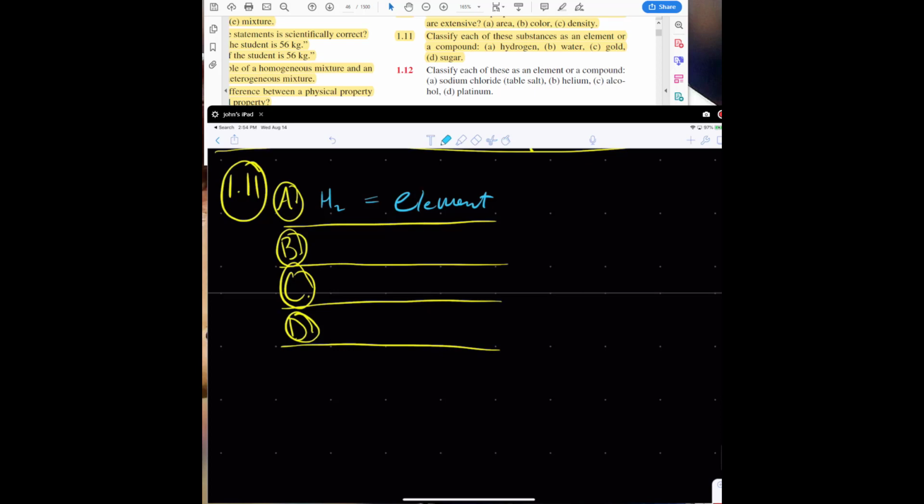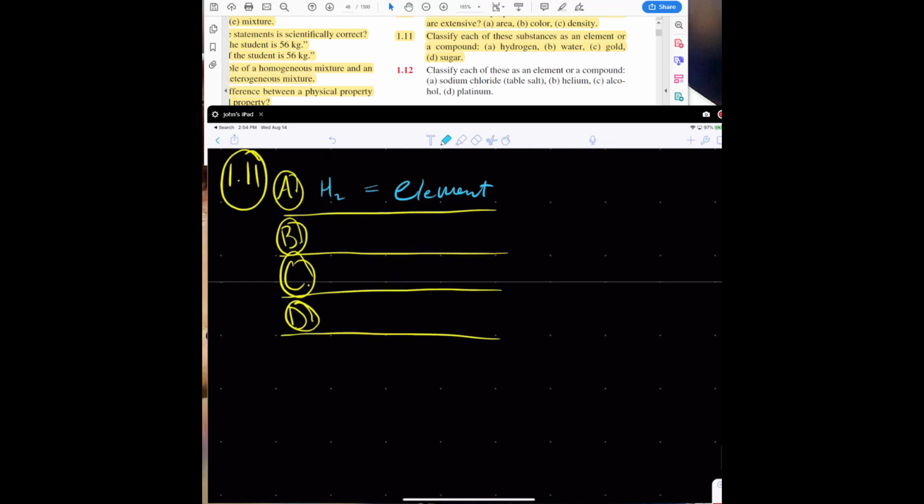So hydrogen is an element. Water, on the other hand, H2O, that's not an element, that's a compound, because it has 2 or more elements in a fixed ratio. How about gold? Au, right? That's an element.